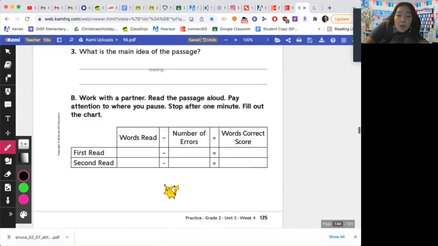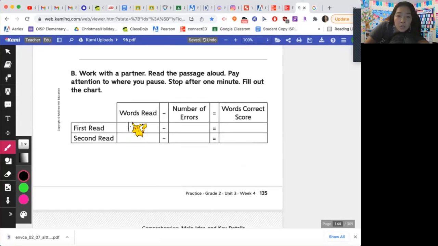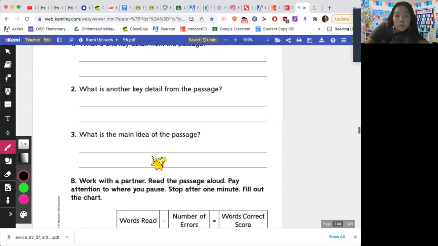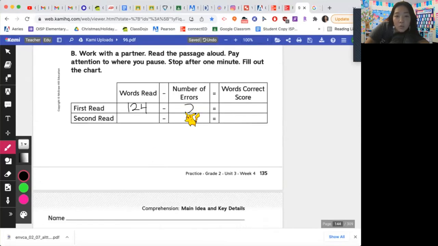So I read 124 words. And then how many words did I mess up on? 2. So what is 124 minus 2, boys and girls? Can anyone do that math for me? 122. Very good.